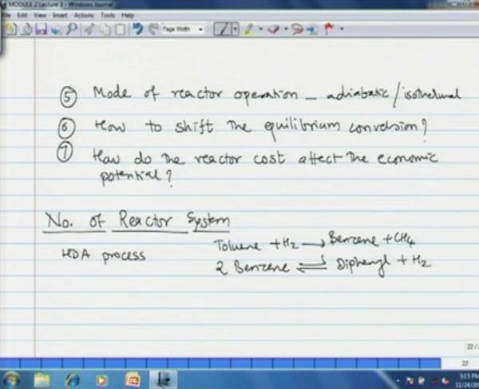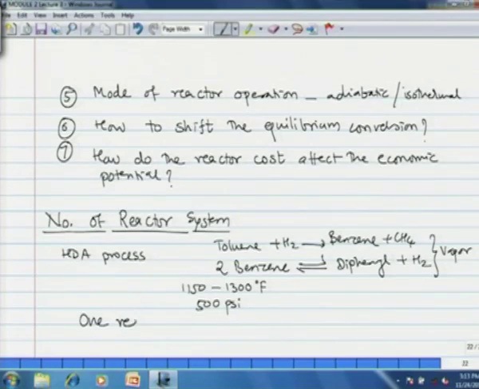Now, both of these processes are vapor phase processes. Their temperature and pressures are the same. I had mentioned in the previous lecture the range of temperature for this process, that is 1150 to 1300 degrees Fahrenheit, and pressure of 500 psi.